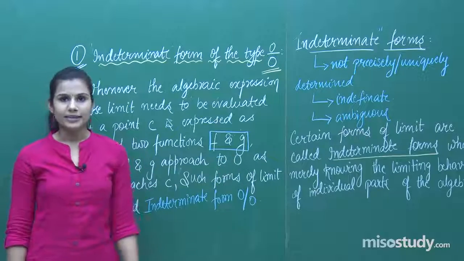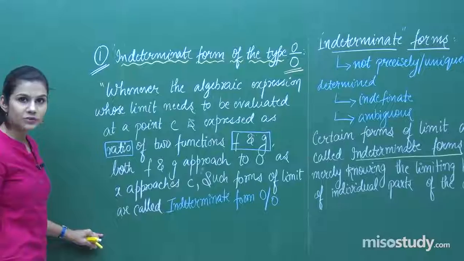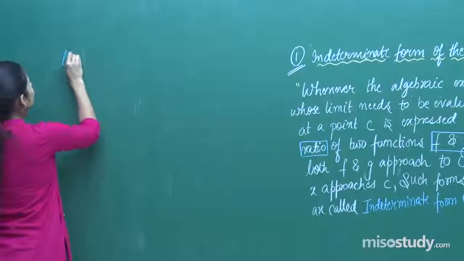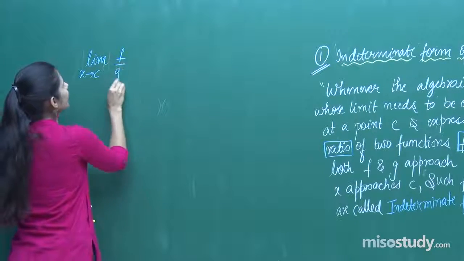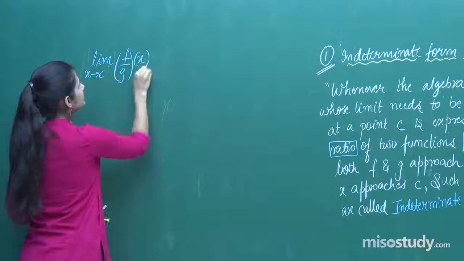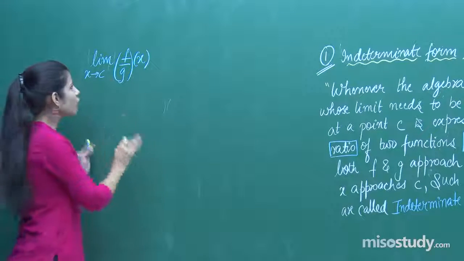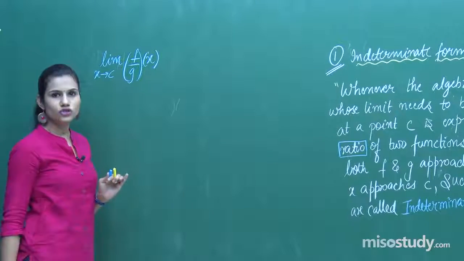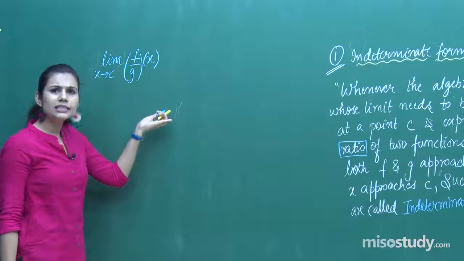Then what you obtain is a 0 by 0 form. That means what is this trying to say? It is saying limit x tends to C of f by g of x. Suppose this is what needs to be evaluated. Fine. Till now we know that to evaluate this we just need to segregate the limits of f and g at C, and then you get the limit of f by g at C.